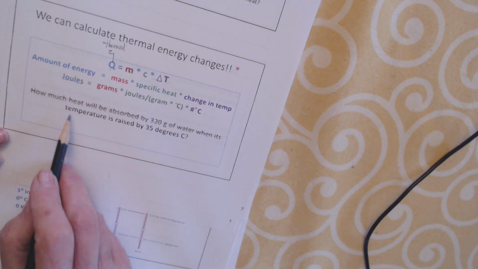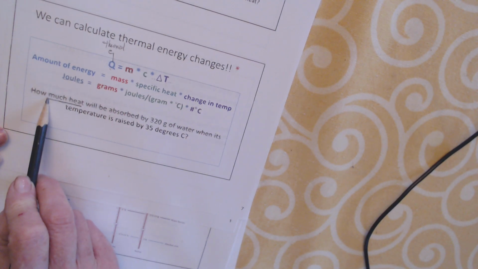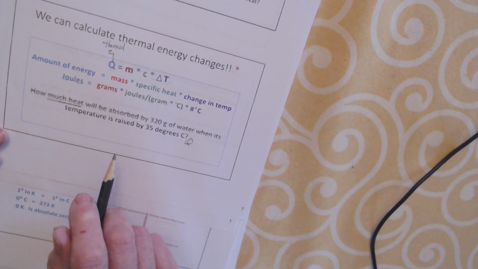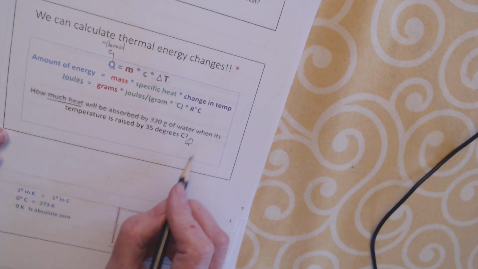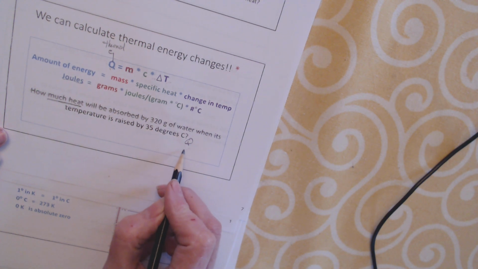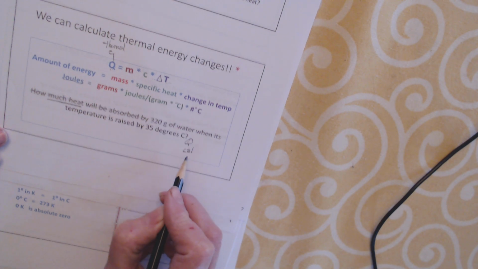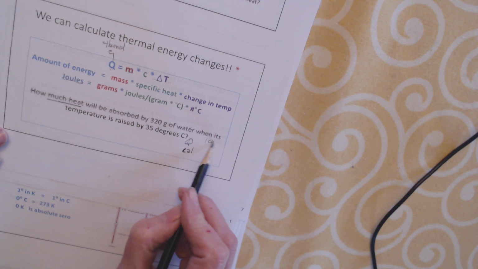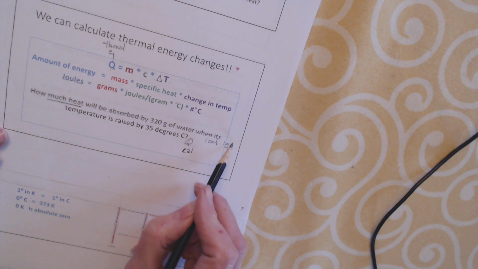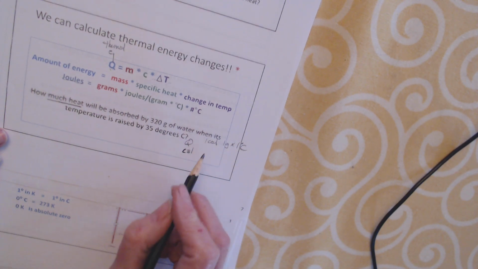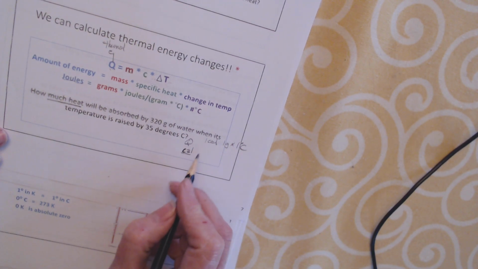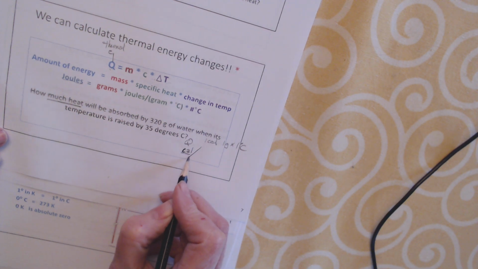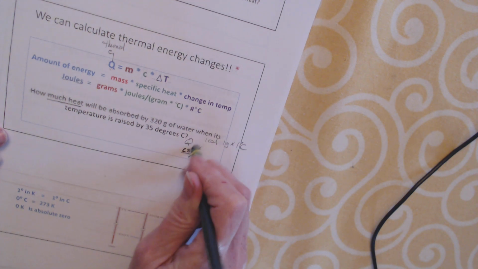The way I would figure this out is, how much heat, so that's my Q, I'm looking for Q. I can work in calories, with a little c, because I know 1 calorie equals 1 gram times 1 degree Celsius. So that's what a calorie is, so my value is going to be in calories.